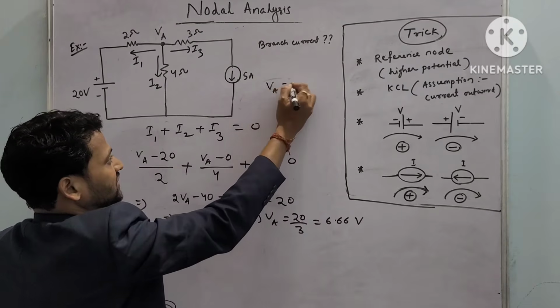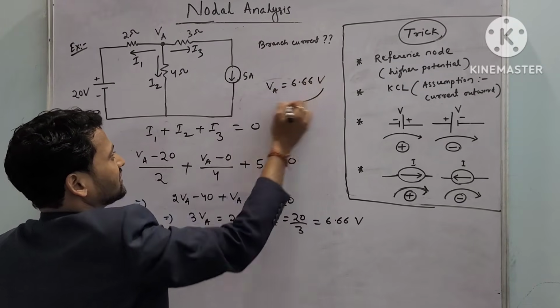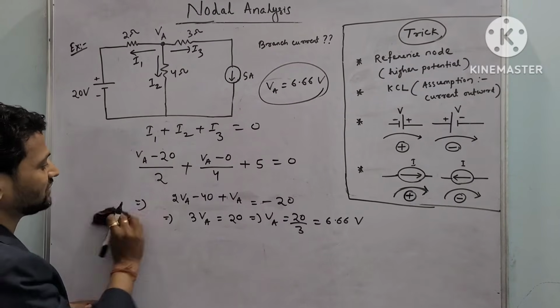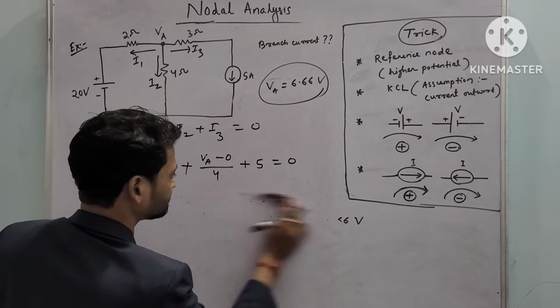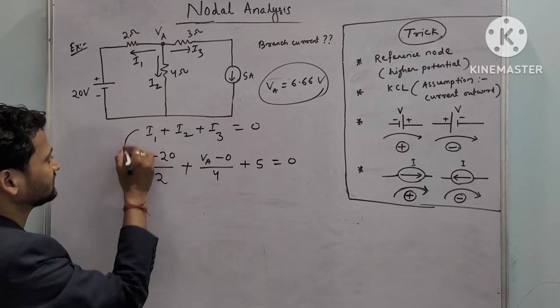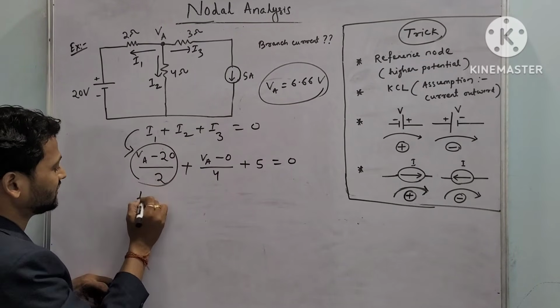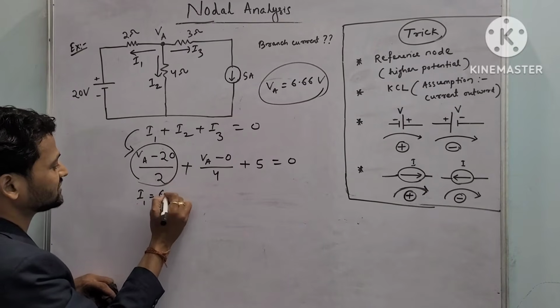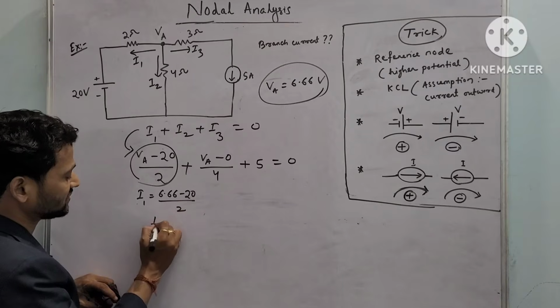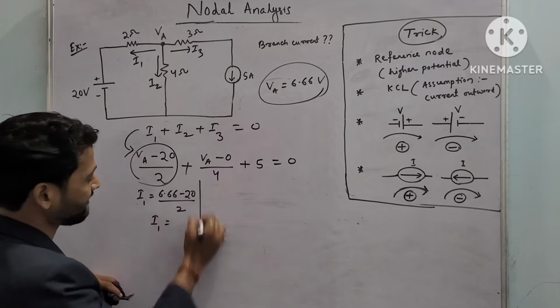So that means we are getting VA as 6.66 volt. ठीक है, then to find out I1, what we'll do? We put here. So VA कितना है? 6.66 minus of 20 upon 2. So it is coming.